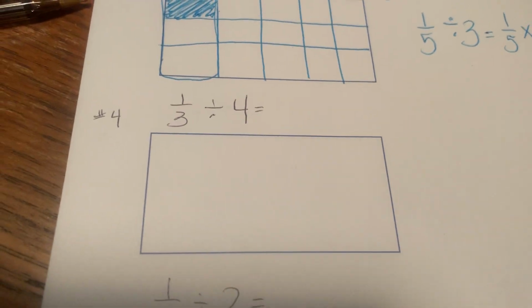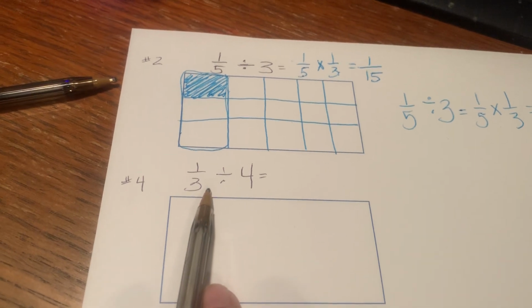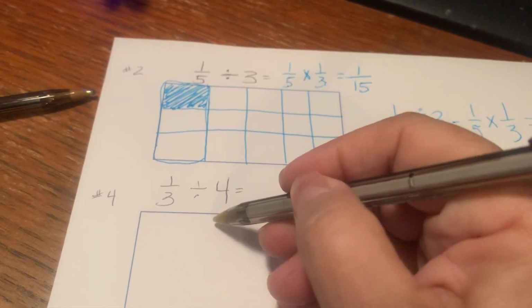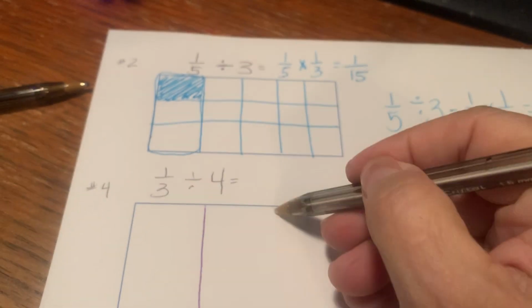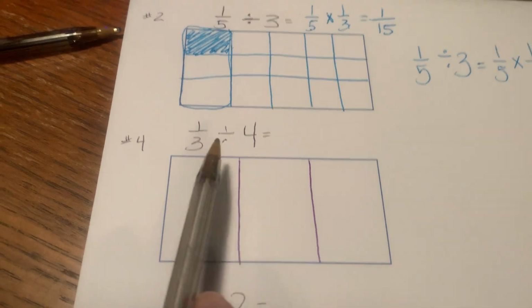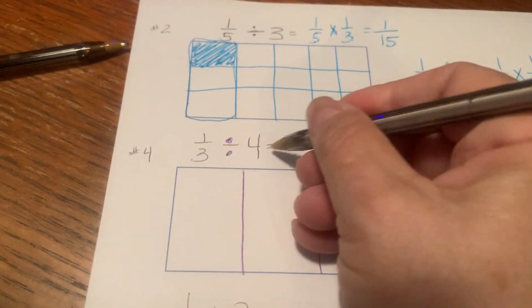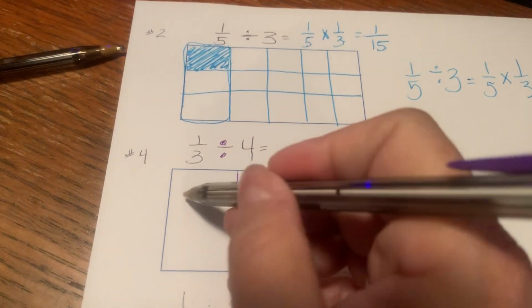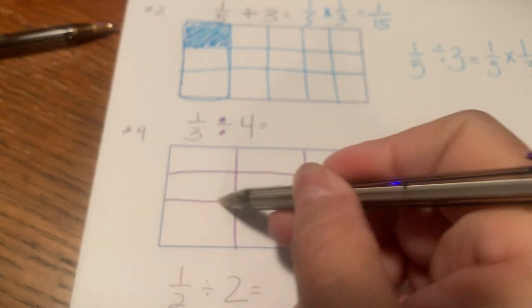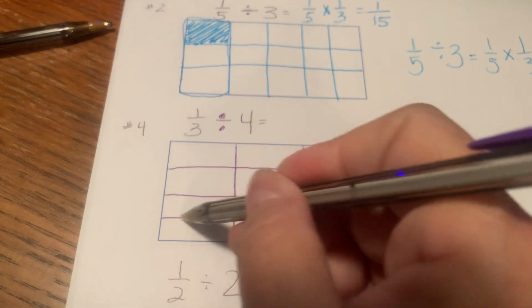Okay, so now I'm going to show you how to think about 1/3 divided by 4. So the first thing I need is, well, I need some thirds. And I'm only going to make 2 lines if I'm making thirds. Oh, those are much more even. And then I'm going to think about those thirds divided into 4 pieces. So I'm going to make 3 lines going across. 1, 2, 3.